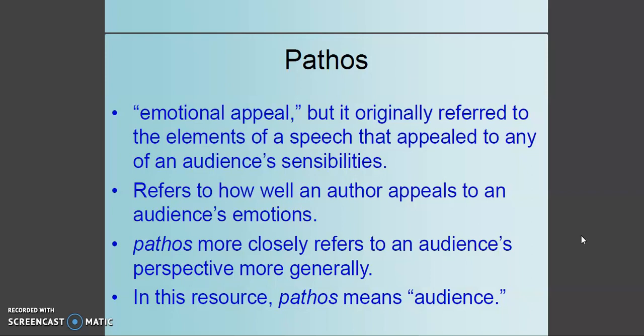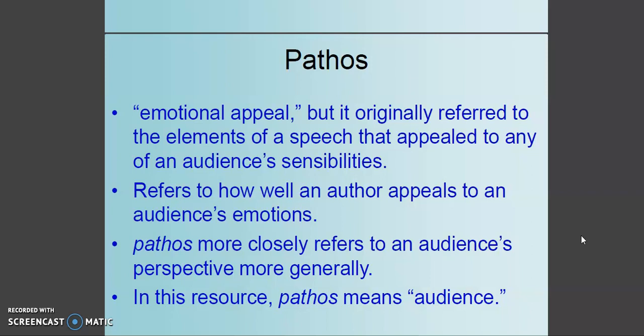If we have a visual advertisement with really bright colors, what does red symbolize for a lot of people? Have you ever gone to a McDonald's or a Burger King or a KFC? What are the colors they use? Red.